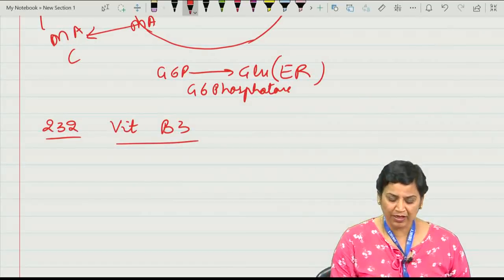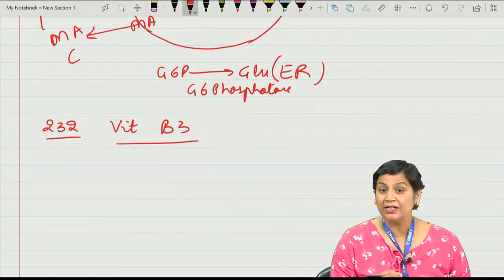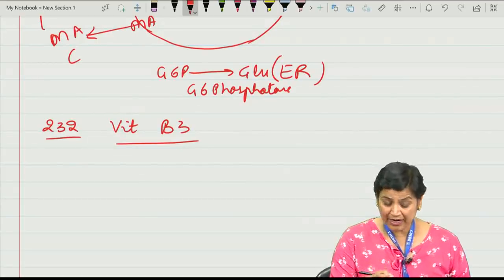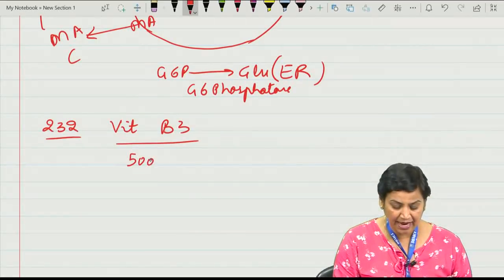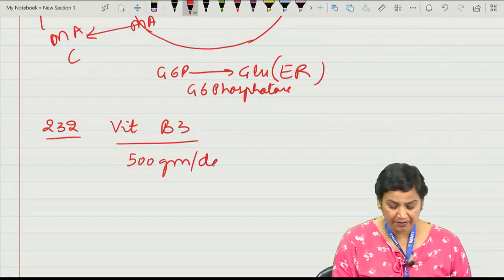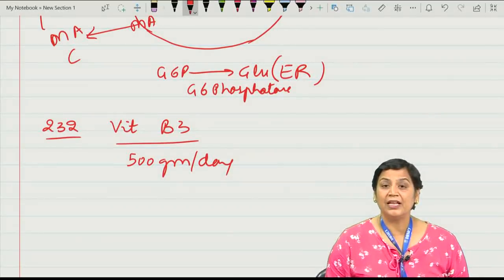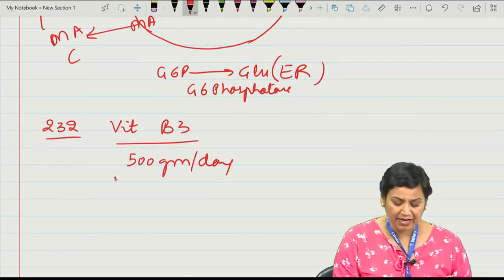And it is said also that if the dosage of vitamin B3 or niacin increases 500 grams per day, it leads to the damage to so many liver enzymes.